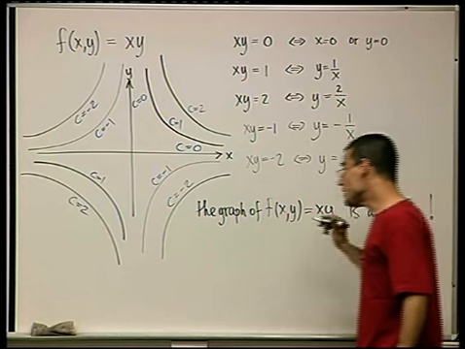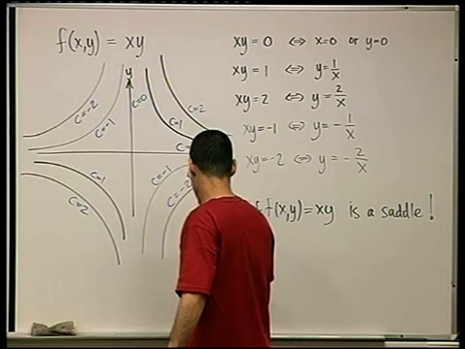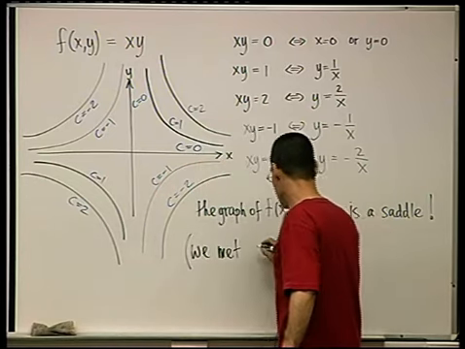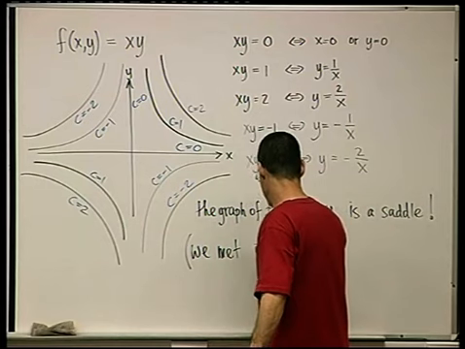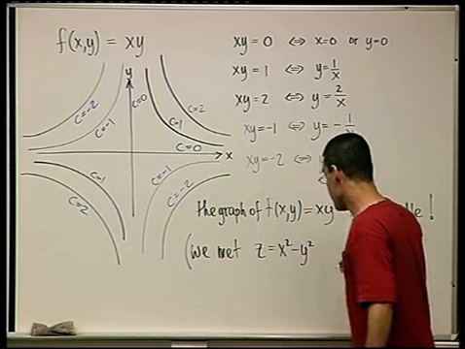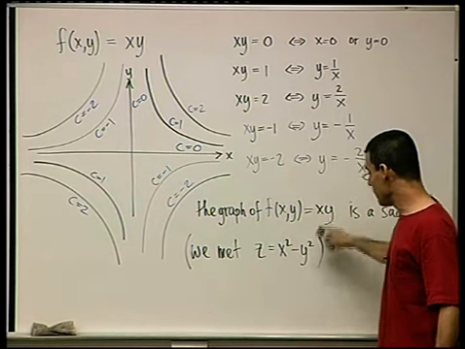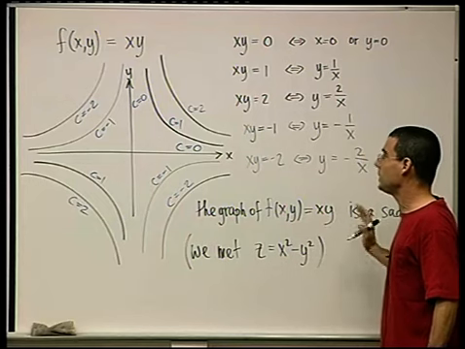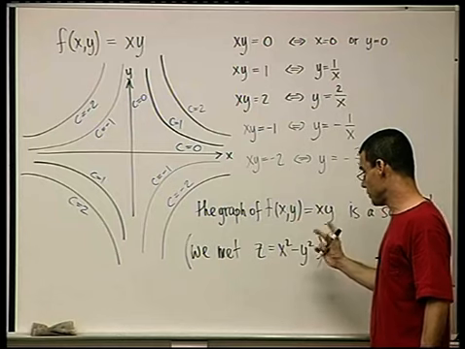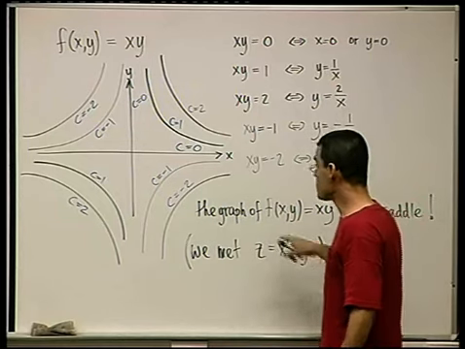And the one we drew, this is just a remark, is a different saddle from the one we met before, which was z equals x squared minus y squared. It's not easy to see, not with the tools that we have now, but these two are just rotations, one of the other.